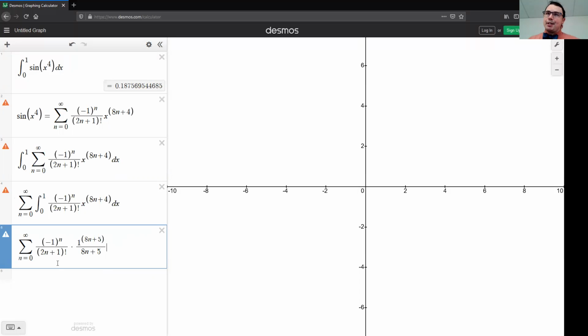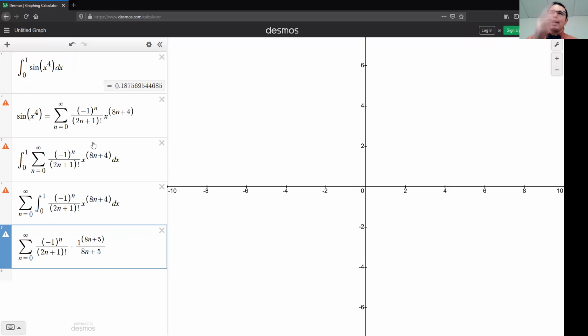Now, this is an infinite sum. So it's nice that theoretically this number here should be equal to this number up top. But how do I turn this into a practical computation? Well, I notice that the sum that I've got written here on line 5 is an alternating sum. And I can actually predict how close an alternating sum will be to the actual value of my integral.